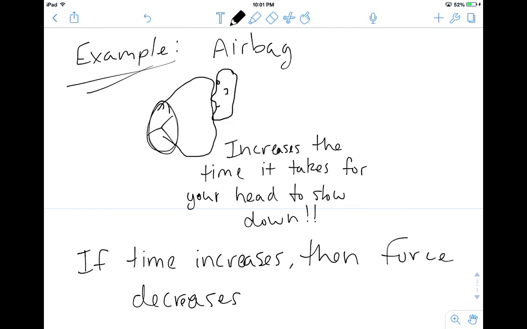So for our face here, by increasing the amount of time it takes for the head to stop, it's actually decreasing the amount of force that your head hit the steering wheel with, which means you don't get hurt quite as bad. Okay, that's the set of notes. After you take this set of notes, you're going to see what we're going to do with this information.